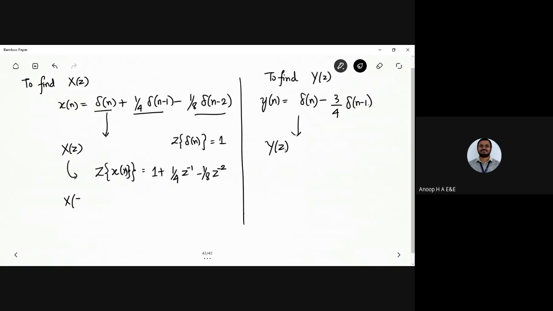That is x of z. X of z is found to be 1 plus 0.25 z power minus 1 minus 0.125 z power minus 2.